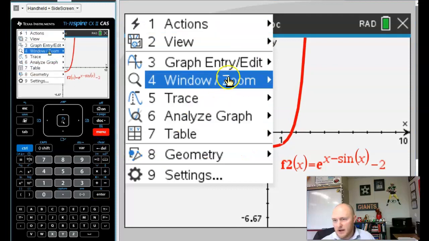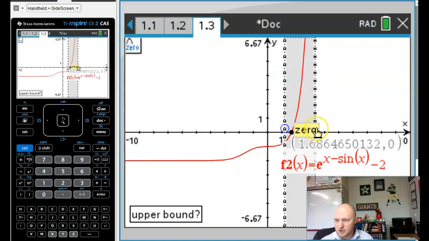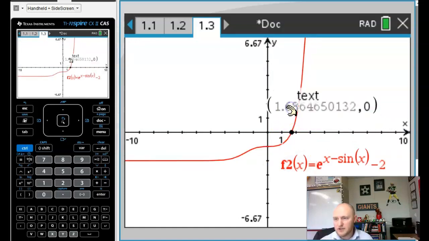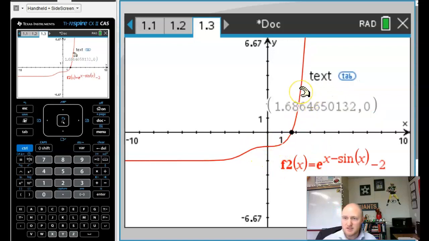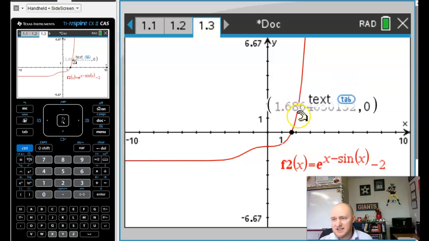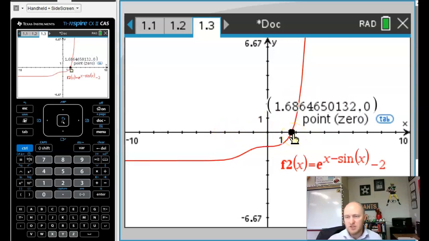Okay, you need to go ahead and analyze your graph and find the 0, which happens here at 1.686. So notice g prime is negative and then it's positive. Decreasing function and then it's increasing. 1.686 is a relative minimum. Also, our function is decreasing on that interval -2 up until this point because g prime is less than or equal to 0. All right, there you have it.